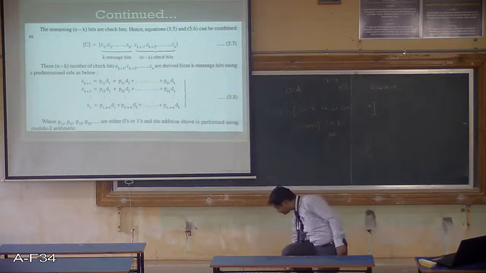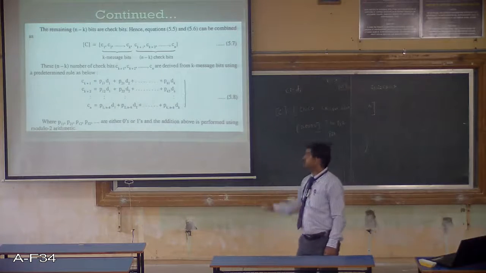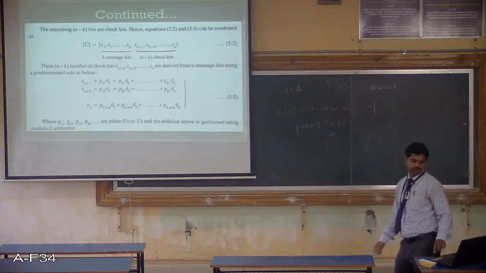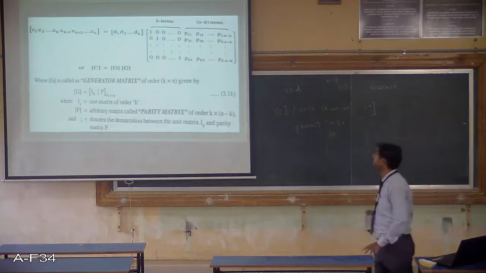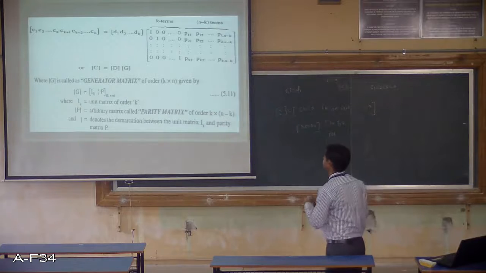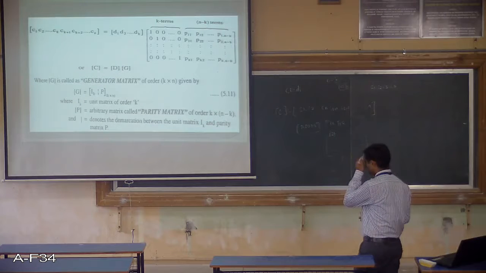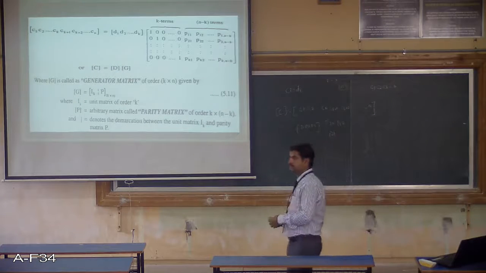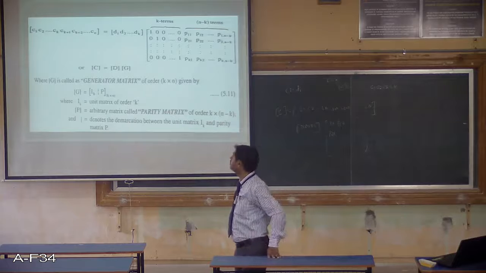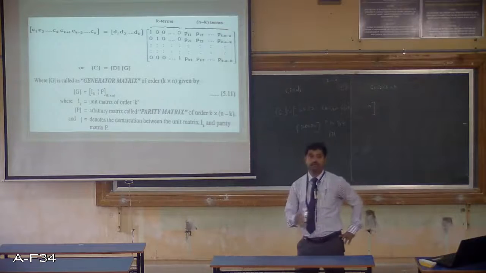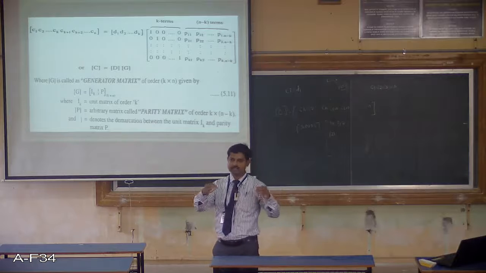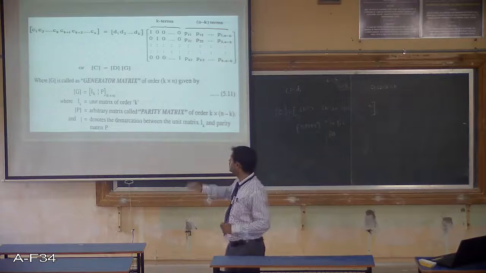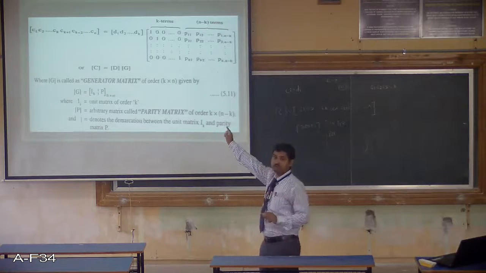Right? So again, P11, P21, they are ones and zeros. So the entire code word is displayed here: C1, C2 up to CK, partially those bits are the same as D only, then CK plus 1, CK plus 2, so on up to Cn.